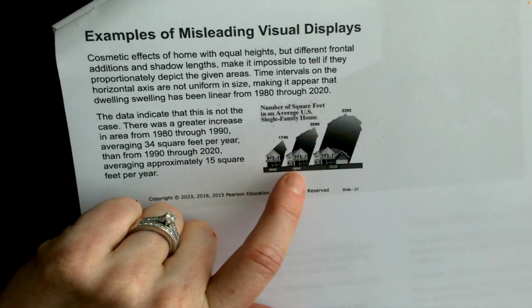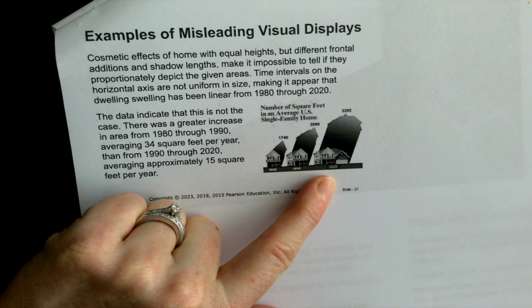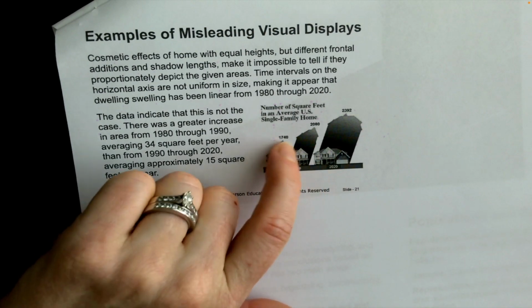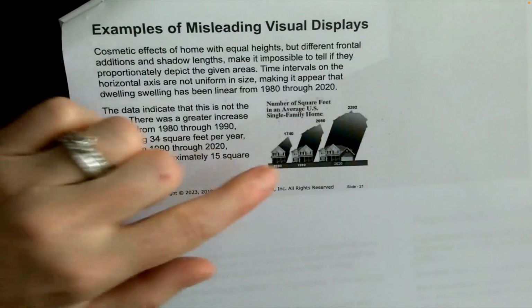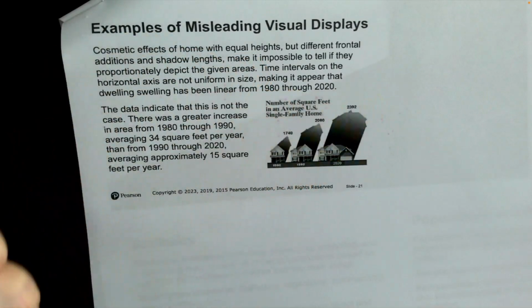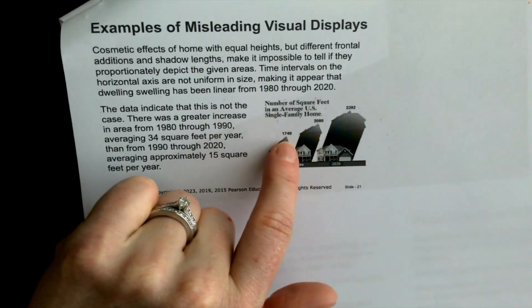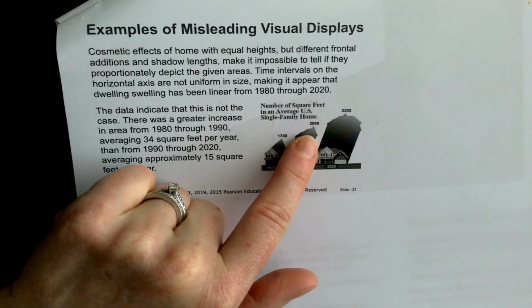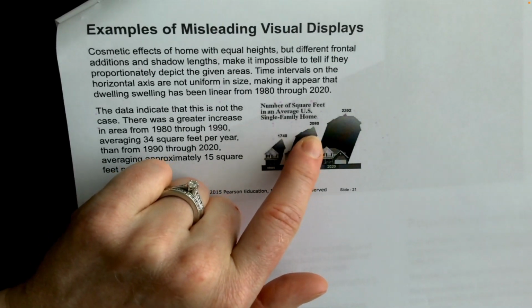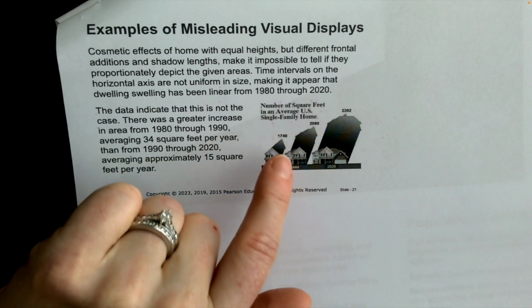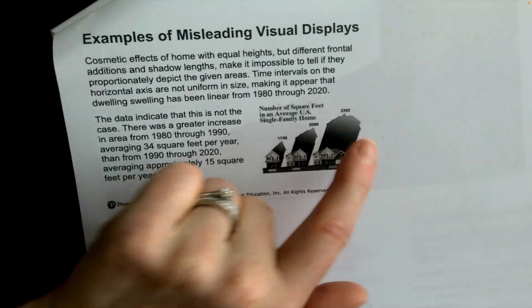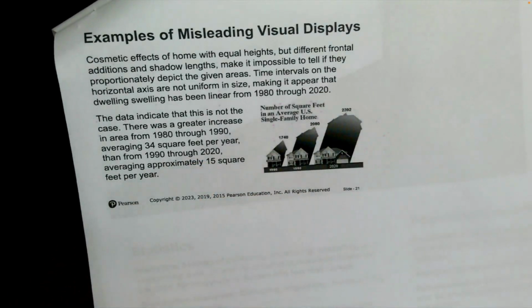So that's 10 years, and then that's 30 years. And it's saying the average size of the home. So look at these shadows. It's saying that the home's going up by what? 200, 340. And then this went up by 312. So this doesn't look as big, but this looks huge. It makes it look like it's a way bigger change.